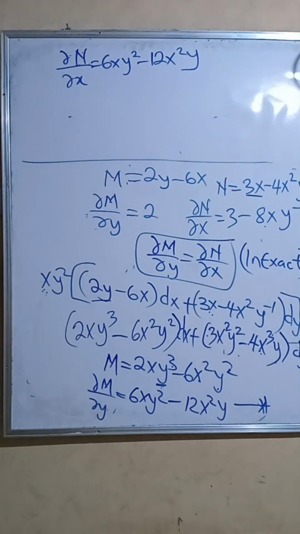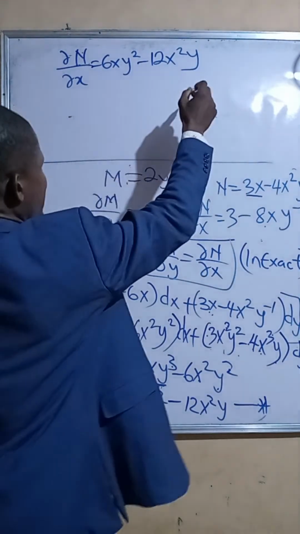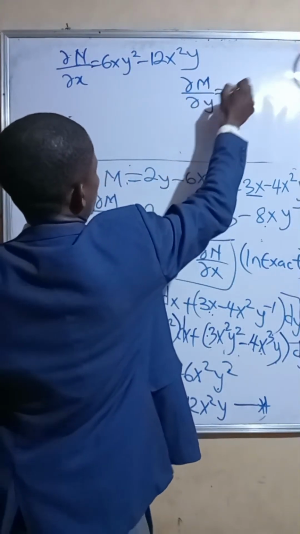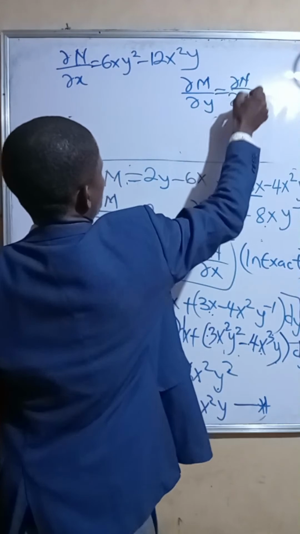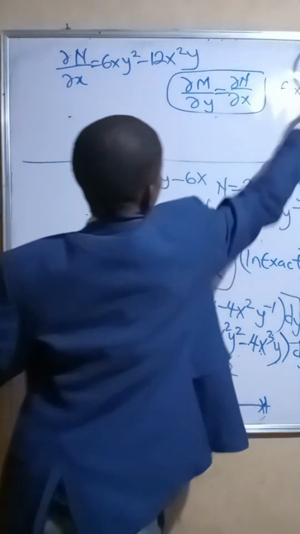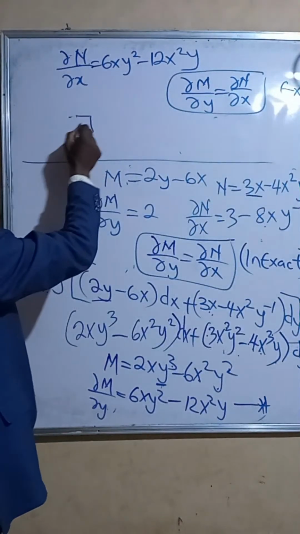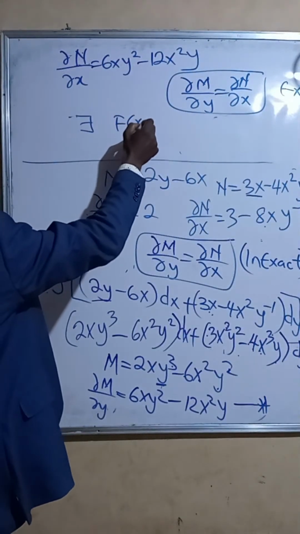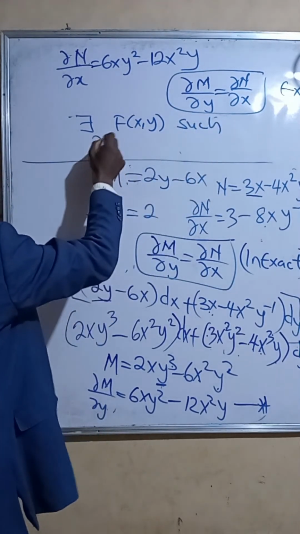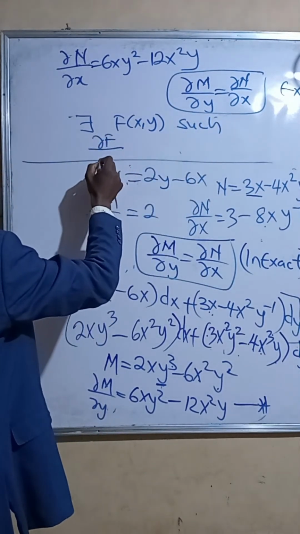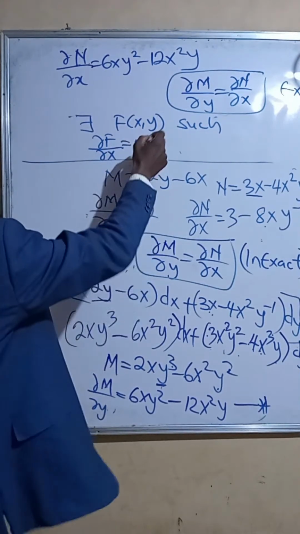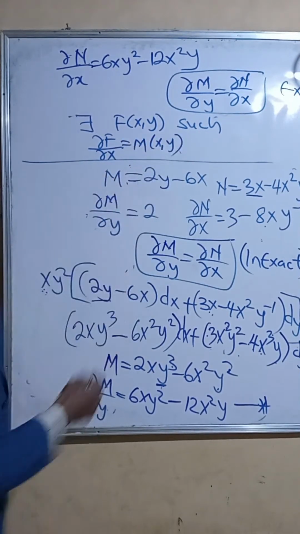Okay, so once it's exact, then we follow the procedure to get the general equation. So we now have this is exact, this one and this one are equal to each other. So this is now an exact differential. So what we do now is that there's a function f such that the partial differential of f with respect to x is equal to M, the function of x and y.